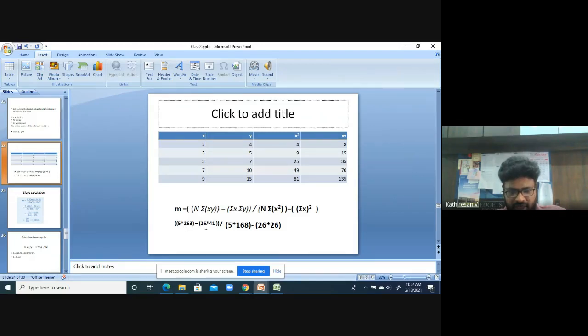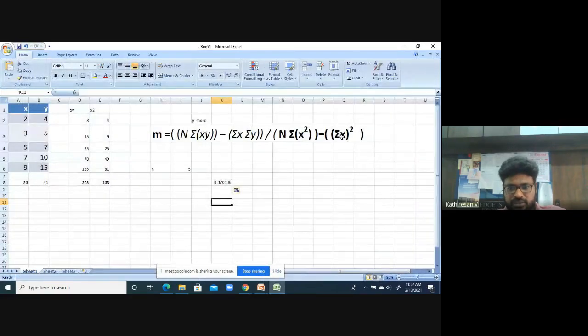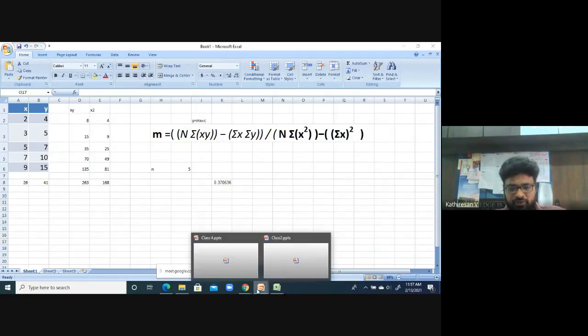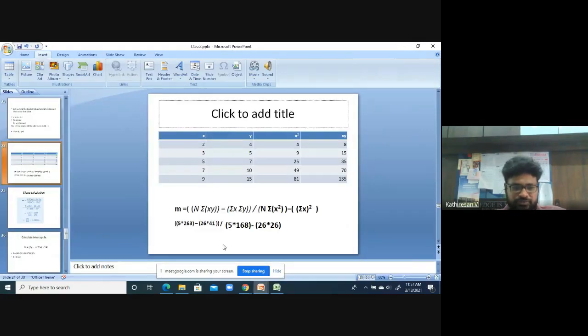Then here 26 into 41, sum of x into sum of y, divided by n, which is 5, and the sum of x square, this is 163 into 26 into 26. Sigma x whole square is the formula. Sigma x is 26, so 26 into 26. If we go in this way, you will get this value, right? Yes, sir.